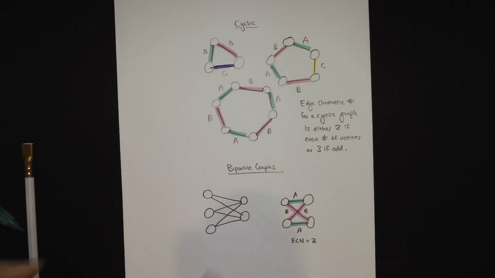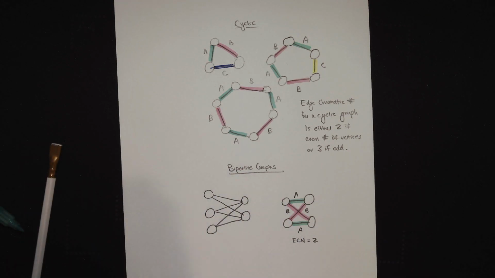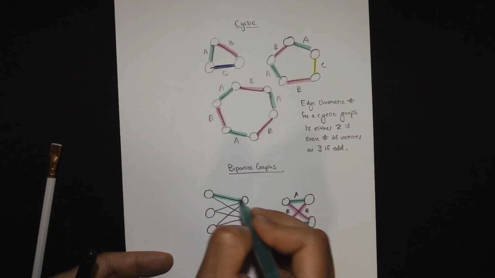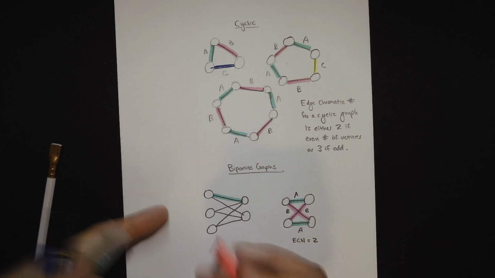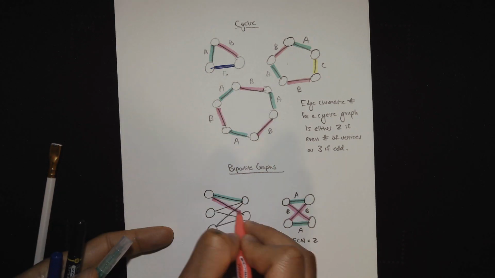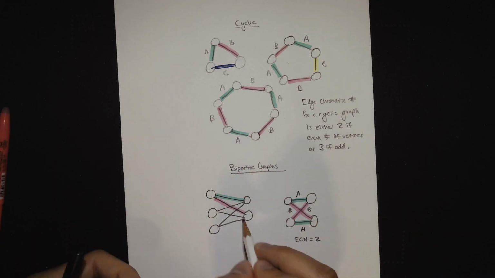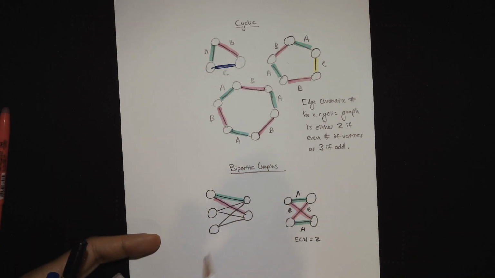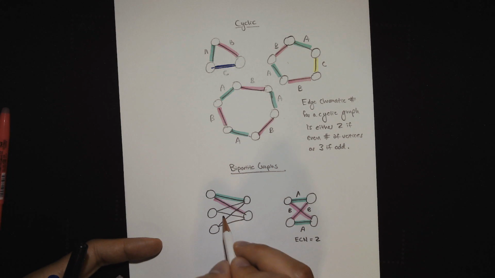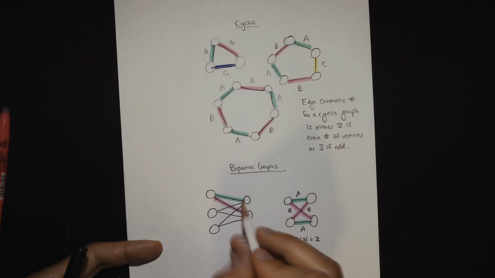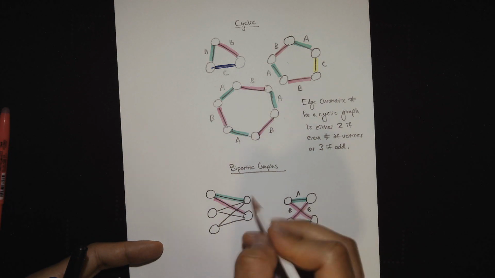Let's see what's the case for this bipartite graph here. Well, we can connect this one, where these have to be different colors. We know it's at least going to be 3. So the edge chromatic number of this graph is either 3 or 4, because the maximum degree, which is the largest valence of a vertex in the graph, is 3.